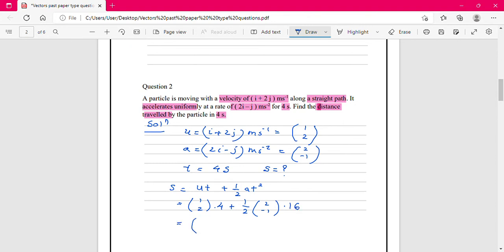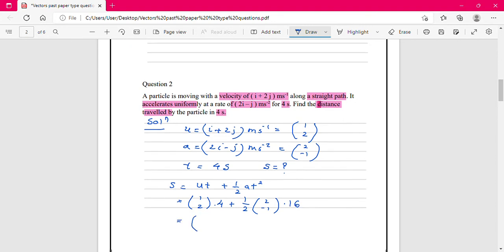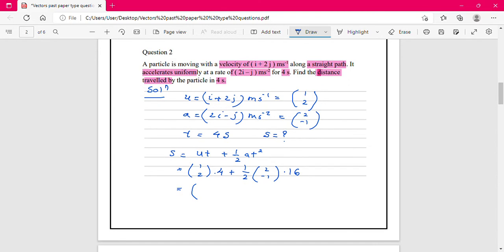So first you multiply the first column vector by 4, that will be (4, 8). Then here first you multiply this half with 16, that is 8, so 8 times (2, -1). Do this scalar multiplication: 8 twos are 16 and minus 8.